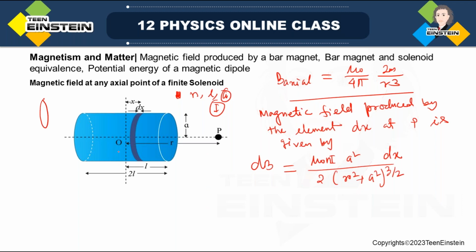Now I have to find the magnetic field at this point P, not only for this dx element.